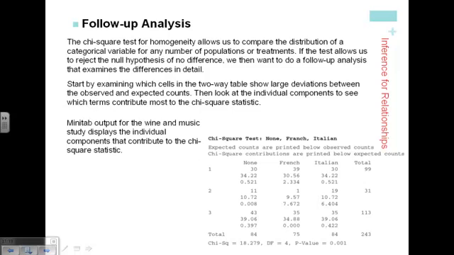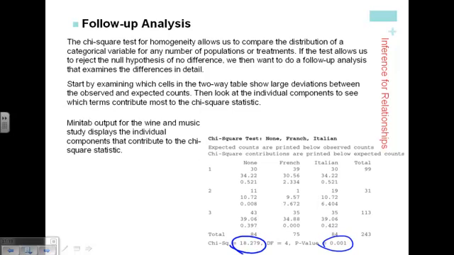And we got a chi-square value that was pretty large, 18, and a p-value of 0.001. So we said, oh yeah, that's a significant result. But the chi-square value in itself doesn't tell us which things had the most effect.